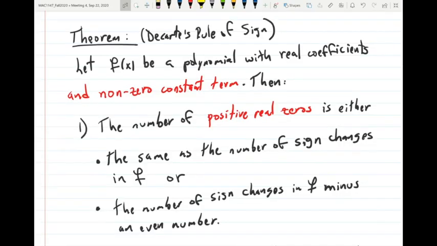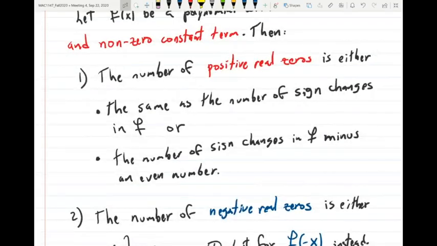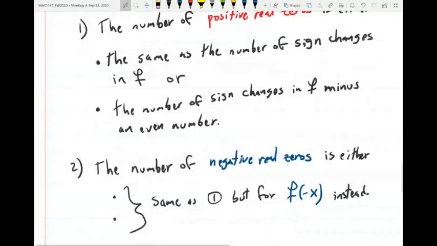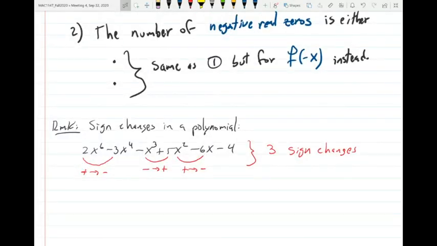So suppose that you have a polynomial with real coefficients and non-zero constant term. Then the number of positive real zeros is going to be either the same as the number of sign changes of f, or that number minus an even number. For example, in this case, we had 3 sign changes. So the possible positive real zeros are going to be either 3, or 3 minus an even amount.